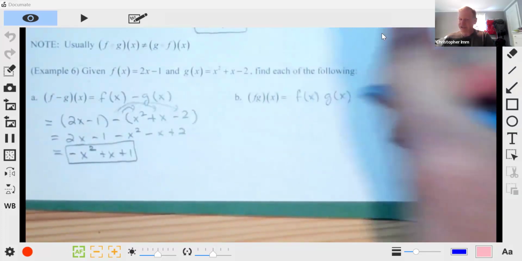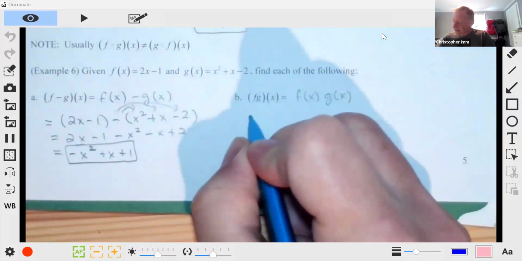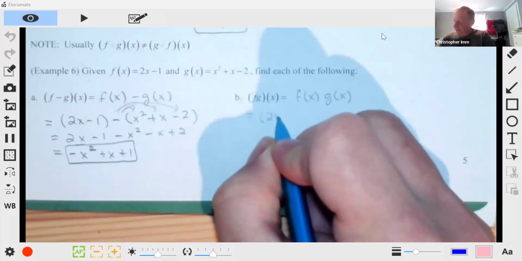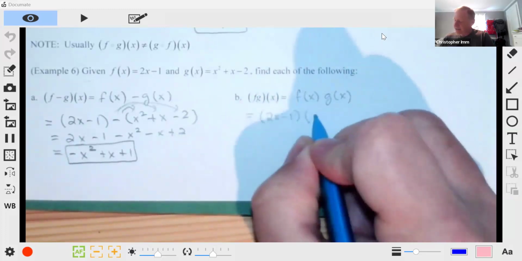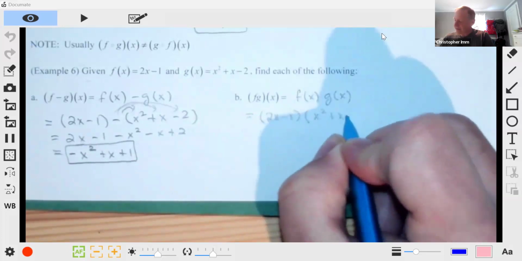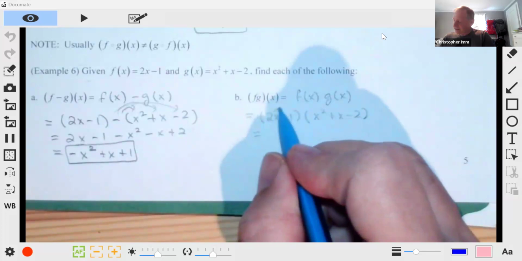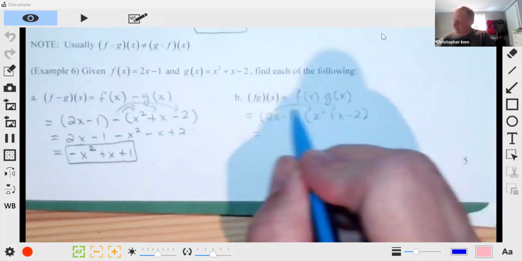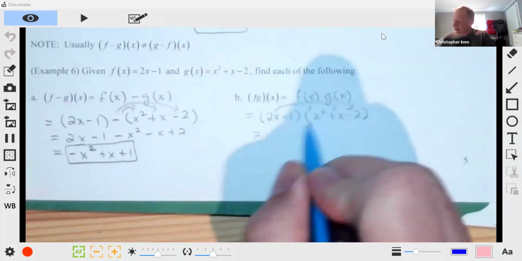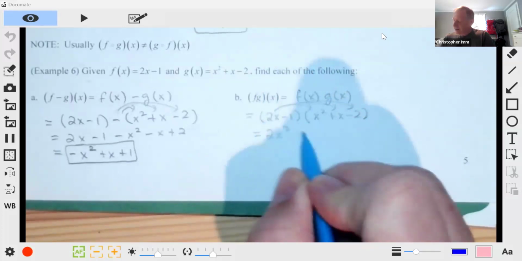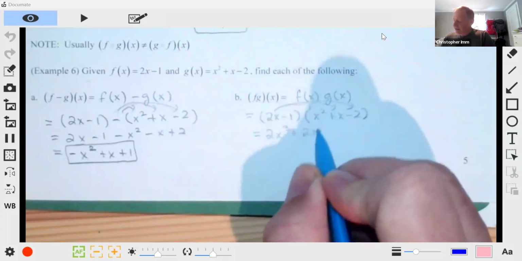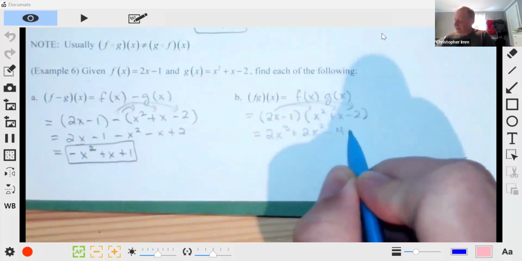That's another difference. F times g of x, I'm going to go ahead and multiply these again. So I write f of x times g of x. That's going to be the same as 2x minus 1 times x squared plus x minus 2. I'm going to distribute through. Distribute the 2x into each one of these terms. I'll get 2x cubed plus 2x squared minus 4x.